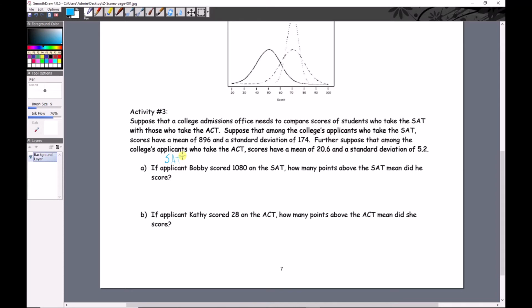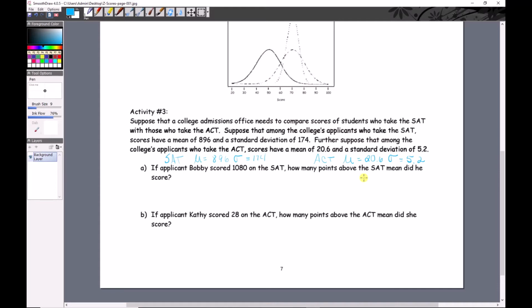For the SAT, mu, because that's for everybody, will be 896, and sigma is going to equal 174. For the ACT, mu is going to be 20.6, and the standard deviation will be 5.2. So they're really scaled quite differently.